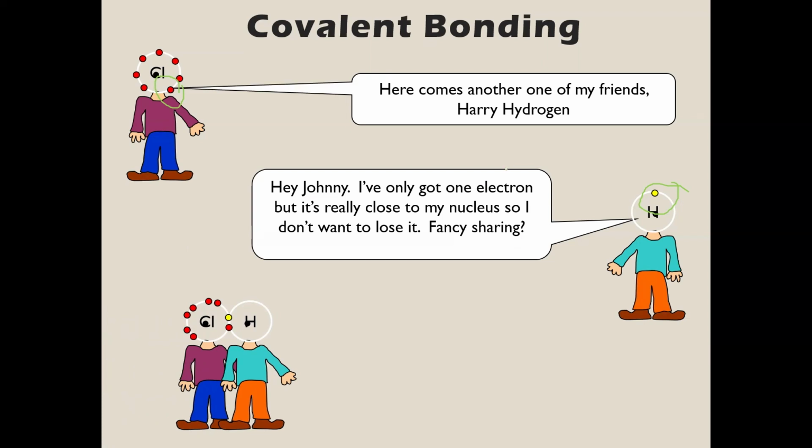And if we look from the point of view of chlorine, the last shell of chlorine will have 8 electrons, so it will be stable too. So at the end, they are sharing a pair of electrons, as you can see here. This pair of electrons is shared by hydrogen and by chlorine. Okay, this is the covalent bond.